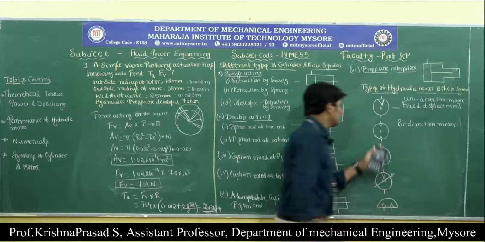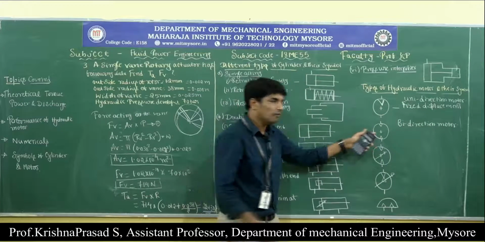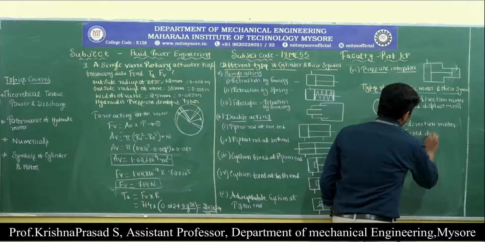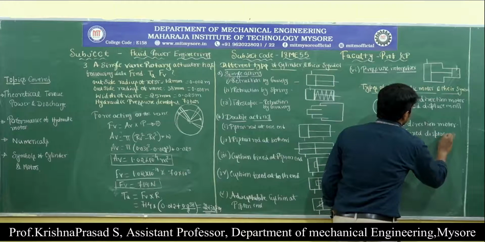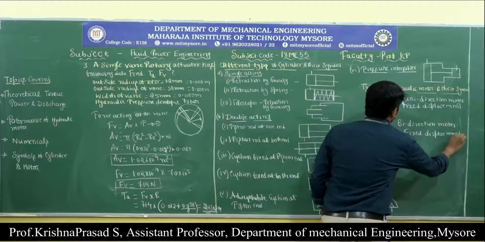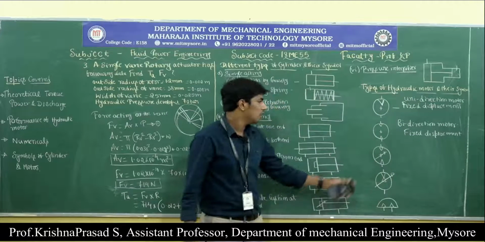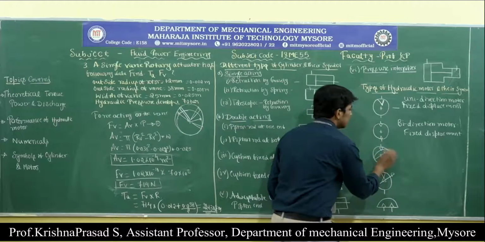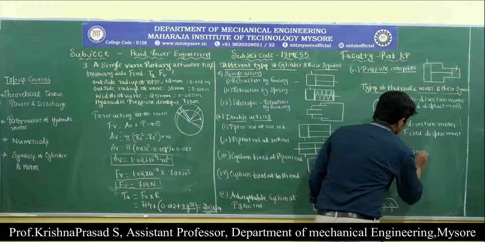Again, this symbol indicates fixed displacement. This is called the bidirectional motor with variable displacement. This indicates the variable displacement.